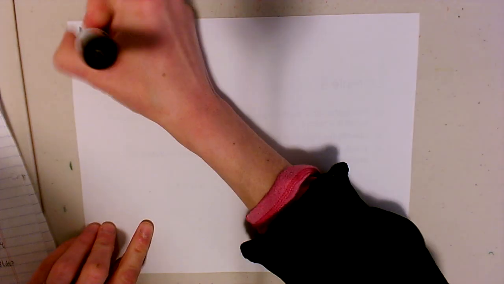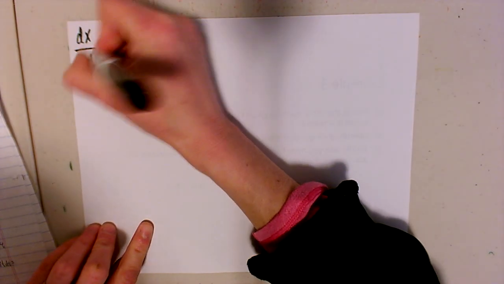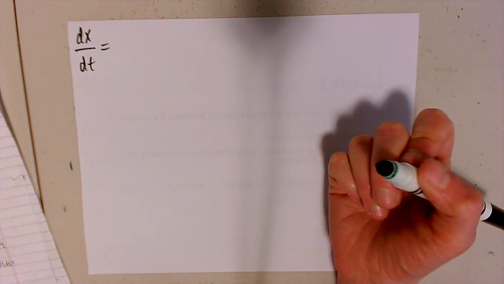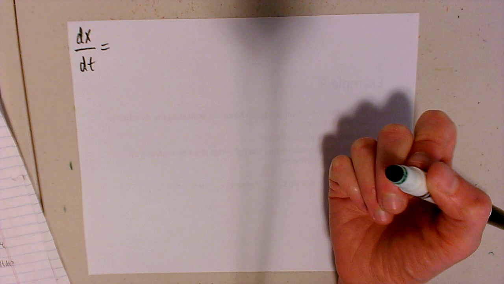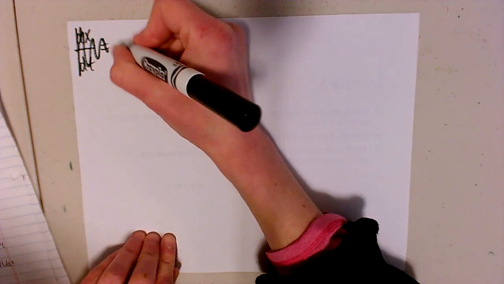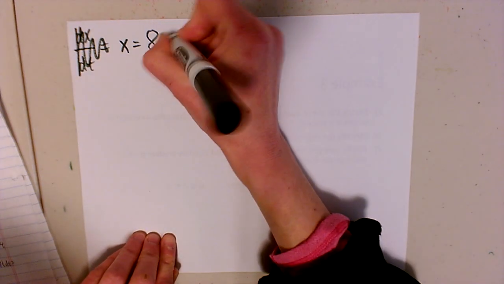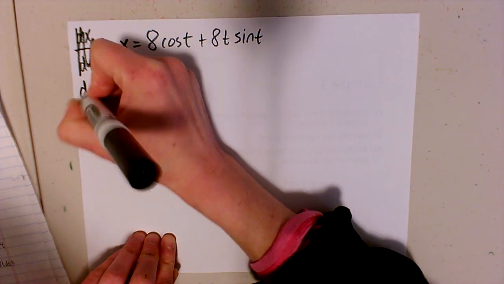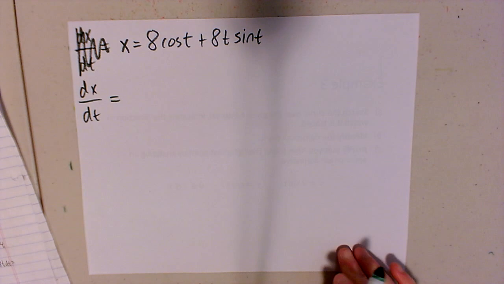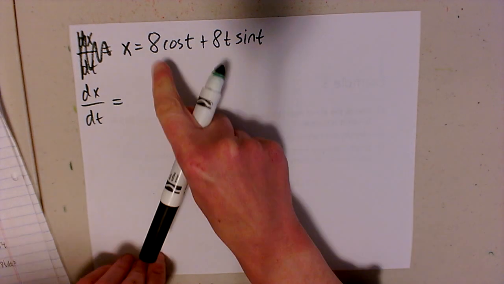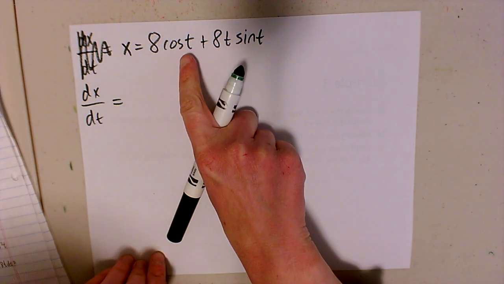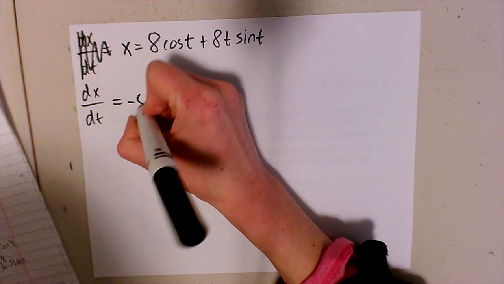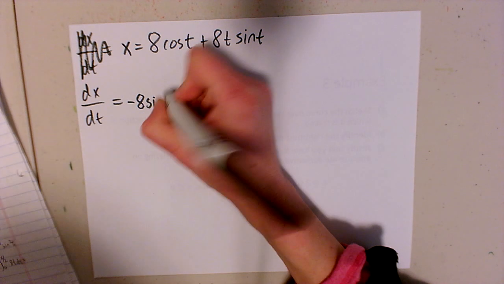Alright, so let's start off with dx dt. Our original function, I probably should have started by writing that out: x is 8 cosine t plus 8t sine t, and so if we take dx dt of that, we're going to need our chain rule and our product rule. So derivative of 8 cosine t, that'll give me negative 8 sine t.